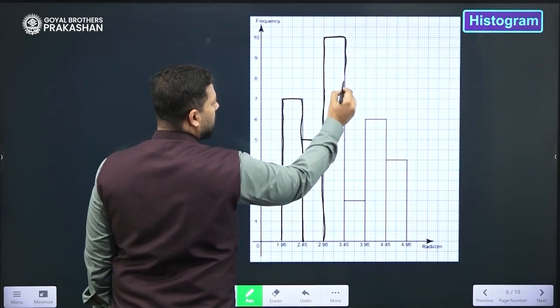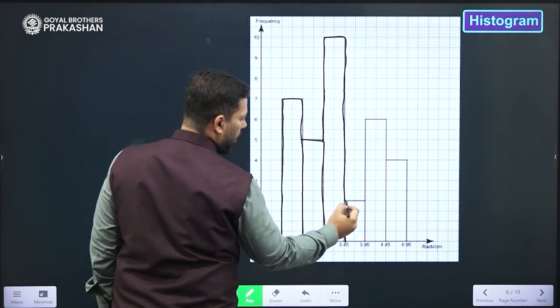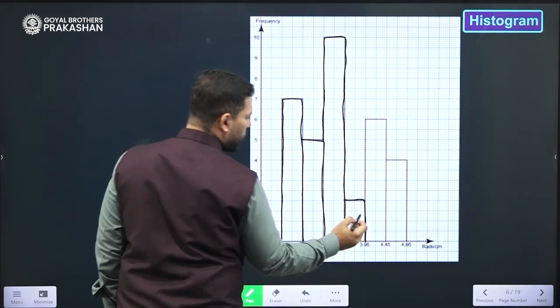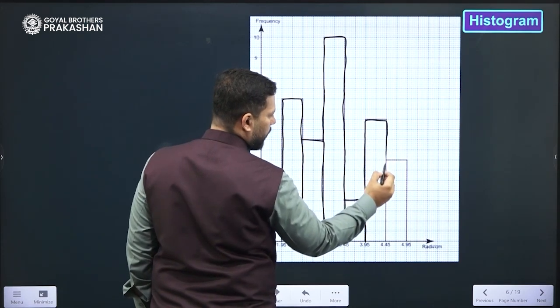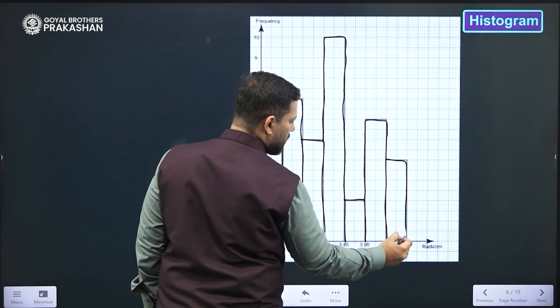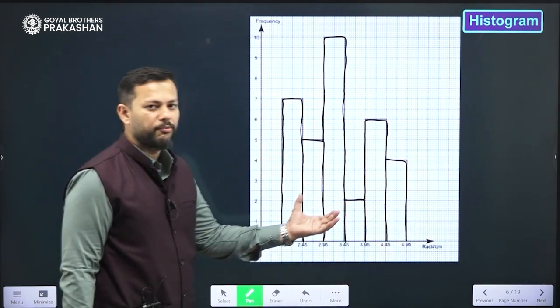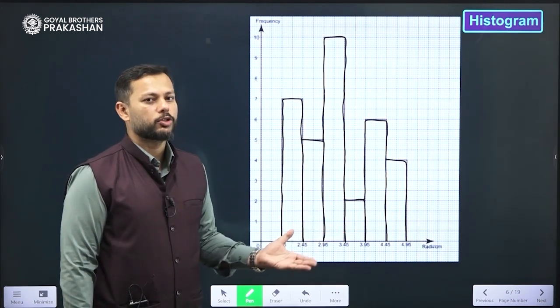So isn't it quite similar to what we have seen in the case of bar graph? And if it is similar, what is the change? The one change which I am able to signify is that there is no gap between any two consecutive bars.